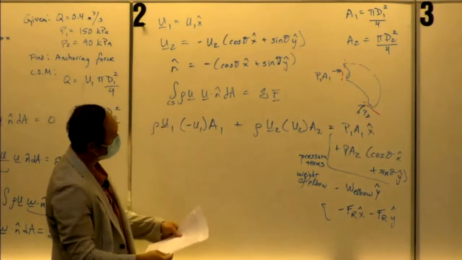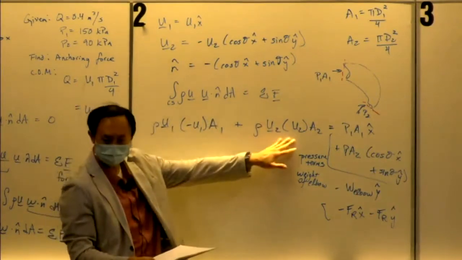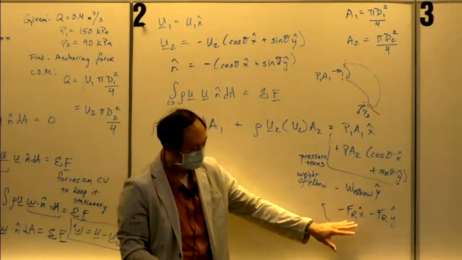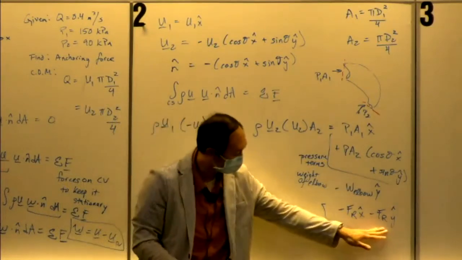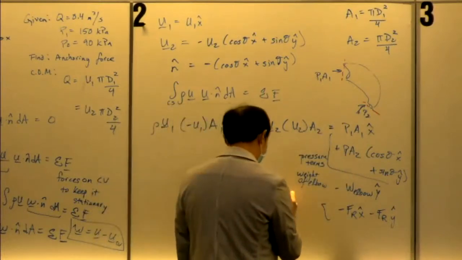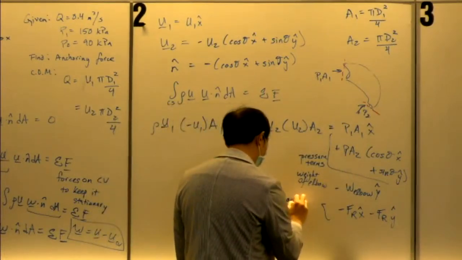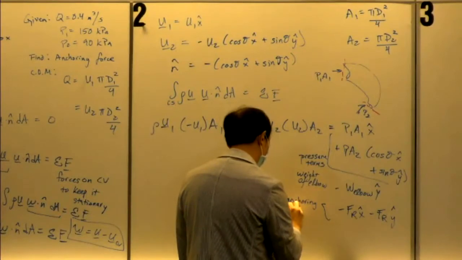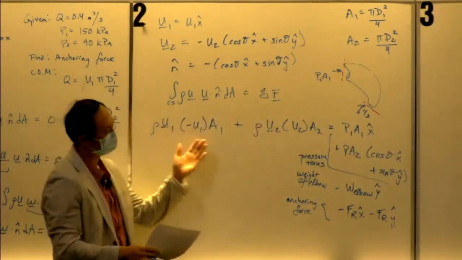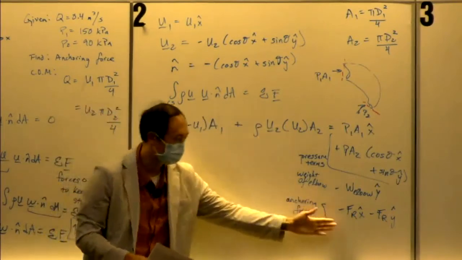Because there's no guarantee, the left-hand side is all because of the fluid. Same with this pressure. But the only way you can actually keep it stationary is if you have the adequate anchoring force that makes sure that equality holds. And because you've got momentum in the x direction and in the y direction, you're going to have both momentum in the x and y.